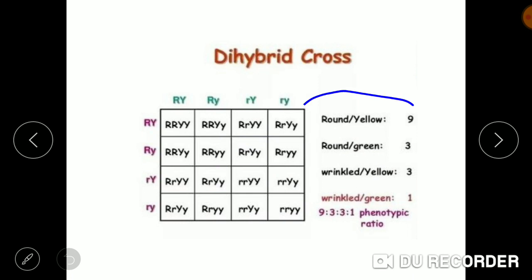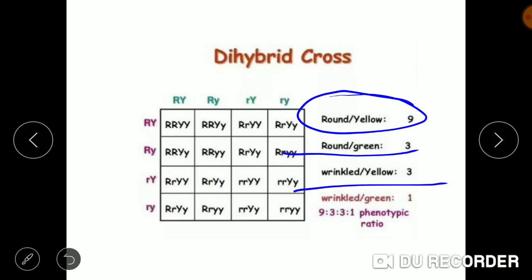So round and yellow have been obtained in the offspring, but still there are two new varieties which were shown. What were the two new varieties? Round and green and wrinkled and yellow. So these are the new varieties, as well as the recessive form of wrinkled and green was also available.